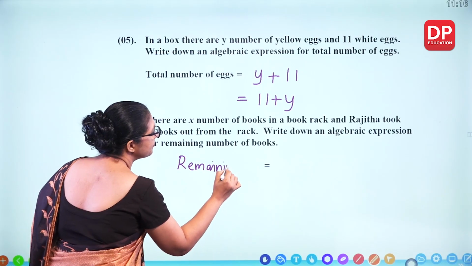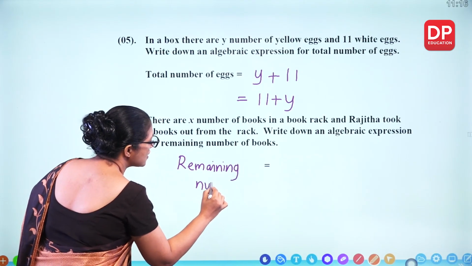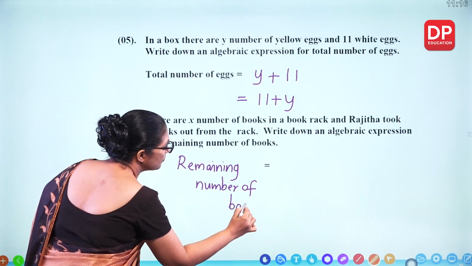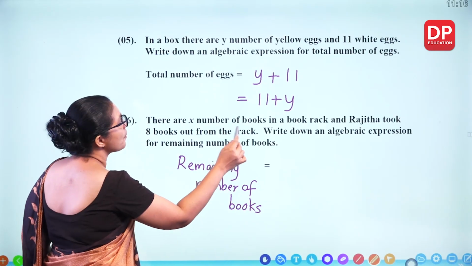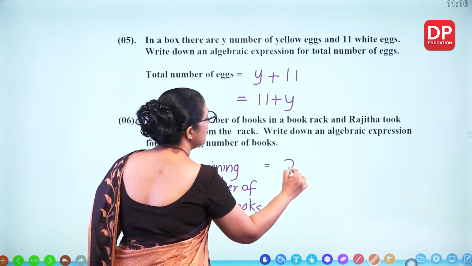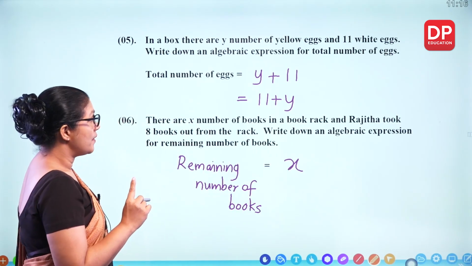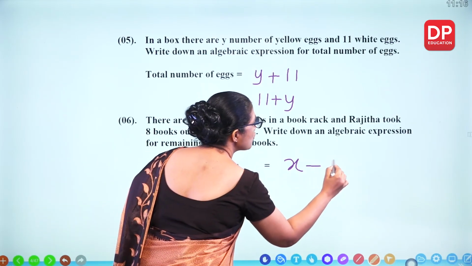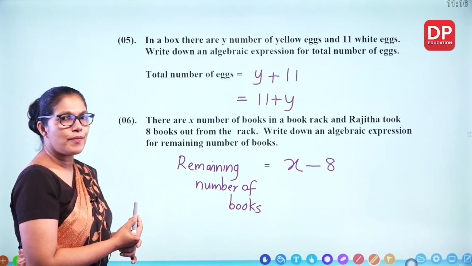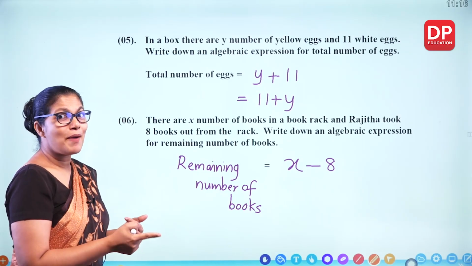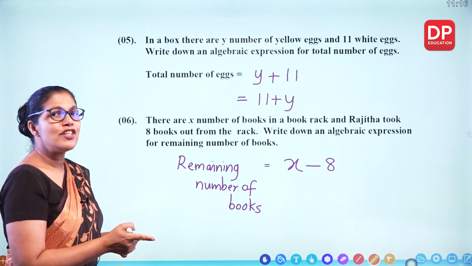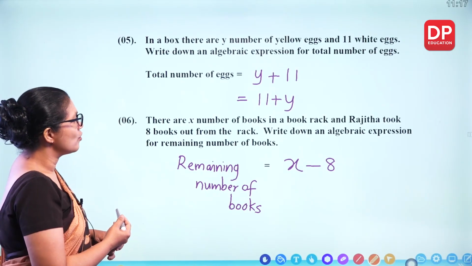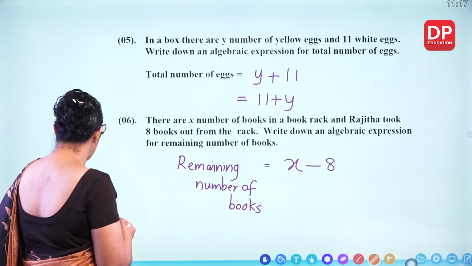Remaining number of books is equal to, altogether X number of books were there and Rajita took 8 books out from that. So you subtract 8 from that. Here you can't write 8 minus X, that's wrong. Only for addition you can change the order but not for subtraction. So that's only X minus 8.